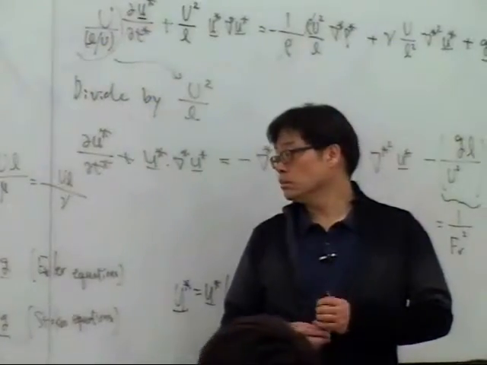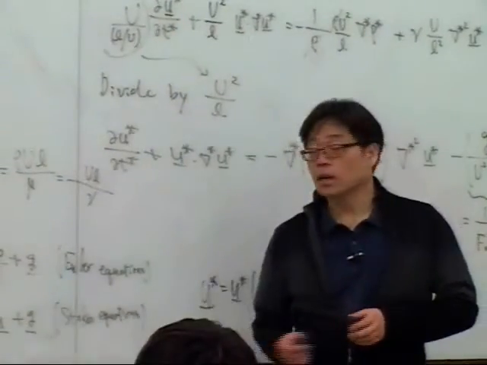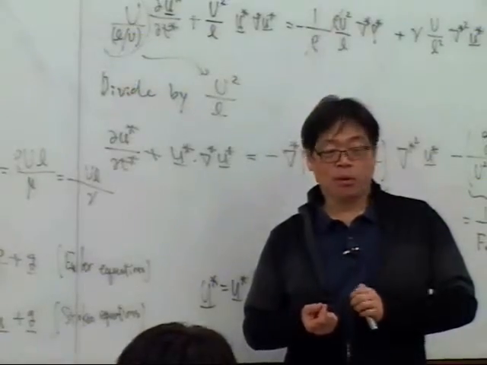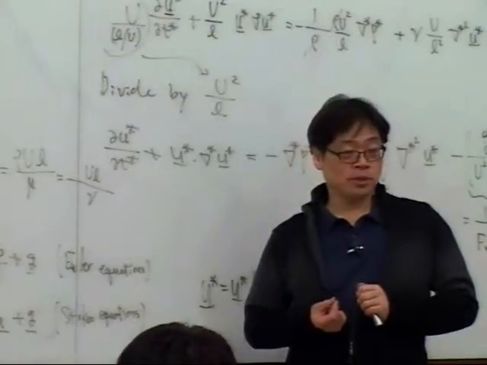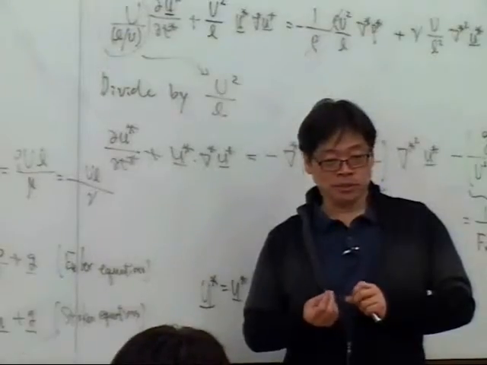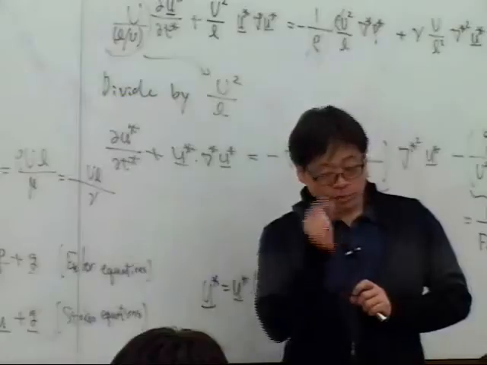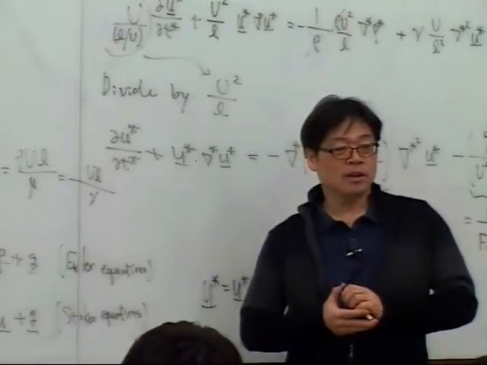So for this, L has to be extremely small, or U has to be extremely small, which means the body has to move extremely slowly, or the body has to be very, very small.